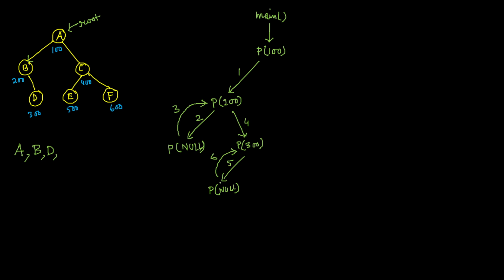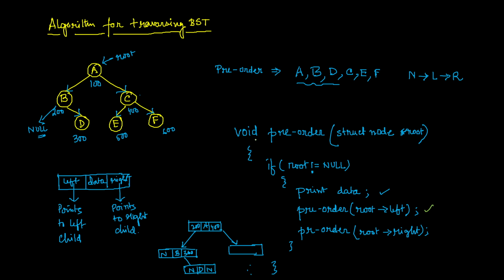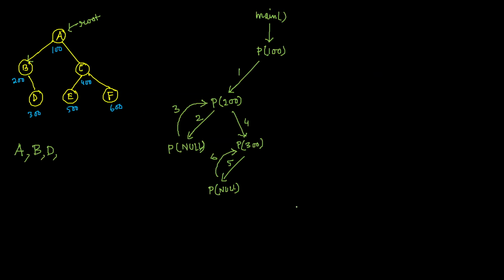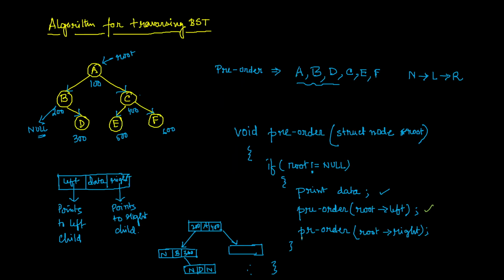The control will return back to this pre-order function, where? Obviously over here again. From this line of this pre-order function, it was called. So naturally it will return here, and then the next line will be executed. Next line of this, that means this one.